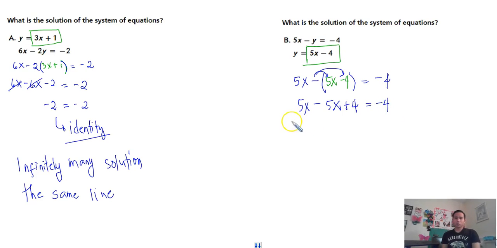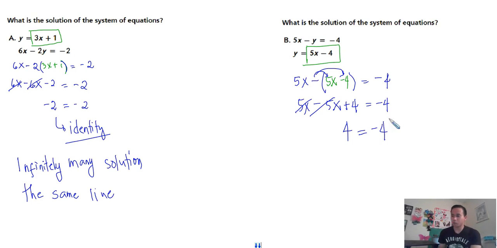Now again, we come up with this special case where we don't have any variable, because 5x minus 5x will be cancelled to be 0, and it will become positive 4 is equal to negative 4, which is false, 4 is not equal to negative 4.